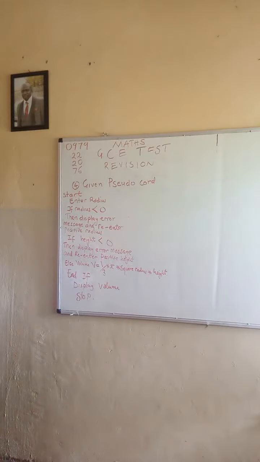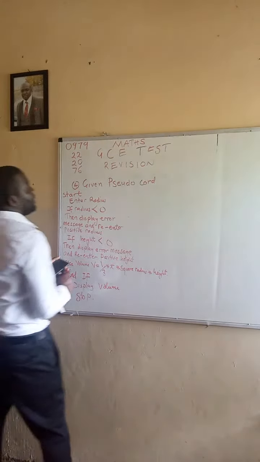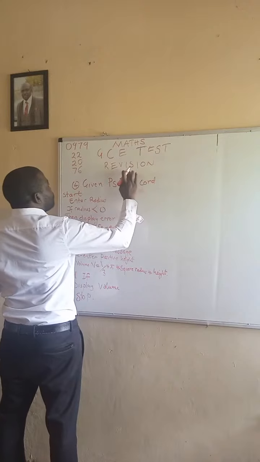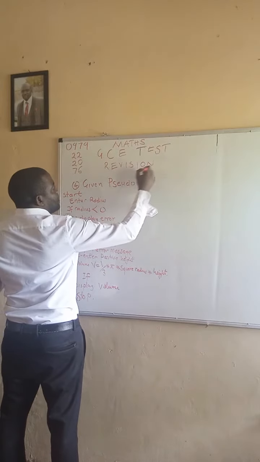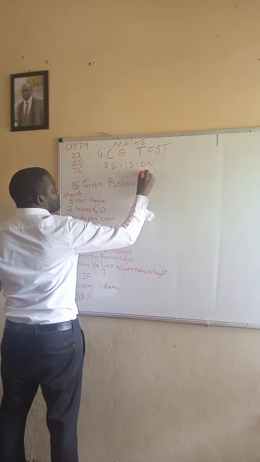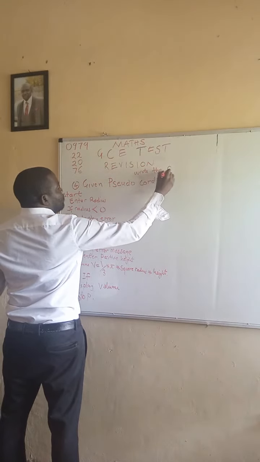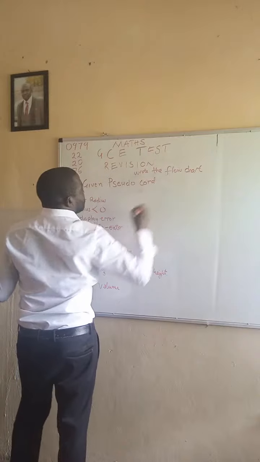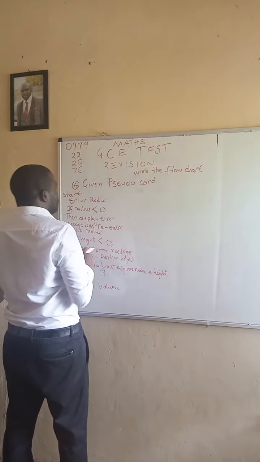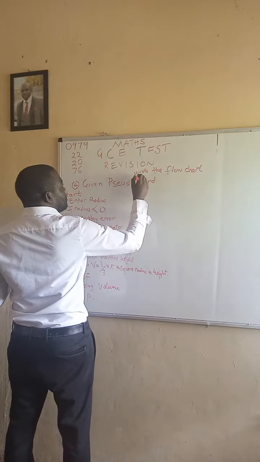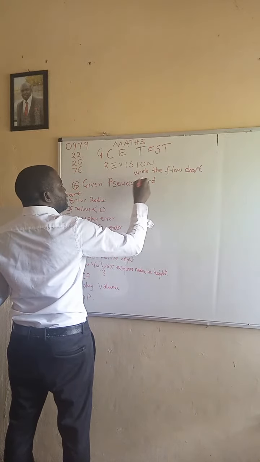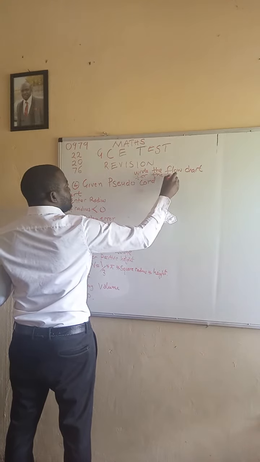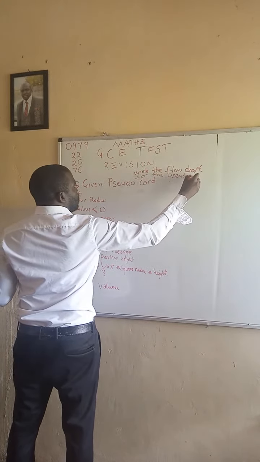So this is a set of instructions. We're supposed to write this. Now the question is, I'll write the question on top here, since I want to start writing it from here. So the question is, write the flowchart for this pseudocode.